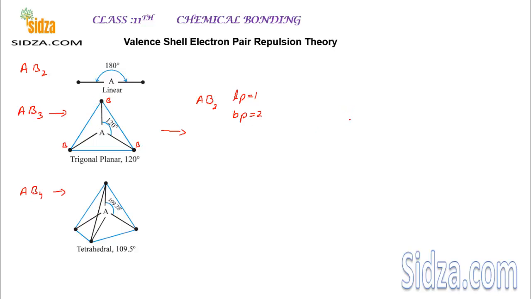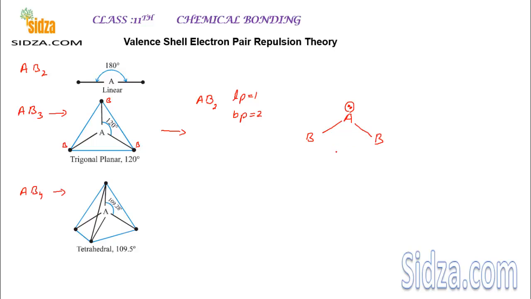So the shape will be like this: atom A in the middle, a B atom there, one more B atom there, and a lone pair of electrons over here. Rather than the atom B over here, we have a lone pair. This molecule, an AB2 type molecule with 2 bond pairs and 1 lone pair, is not a trigonal planar shape.